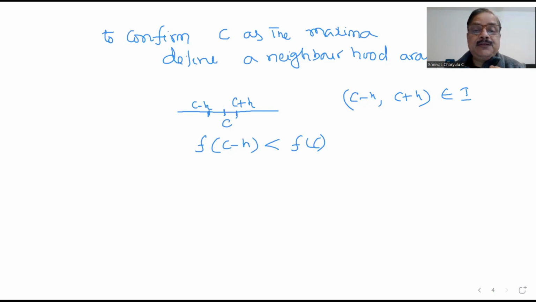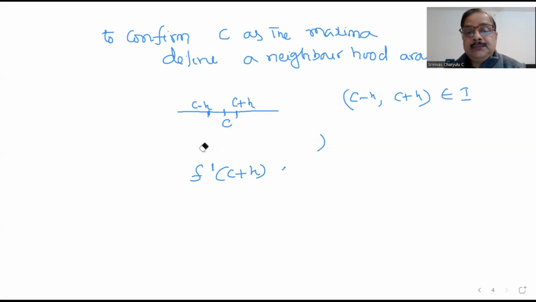Next, f of c plus h, whatever this value is. Here, the definition I am planning to give you now is with f dash. f dash c minus h value should be less than f dash c, f dash c plus h value should be greater. Please excuse me once. Here, small confusion.